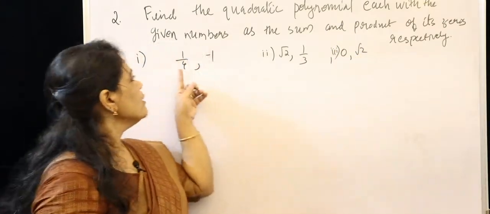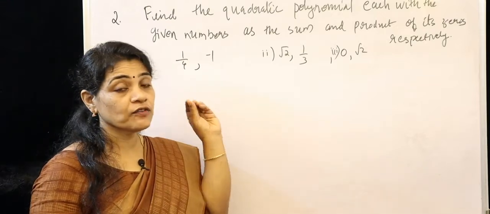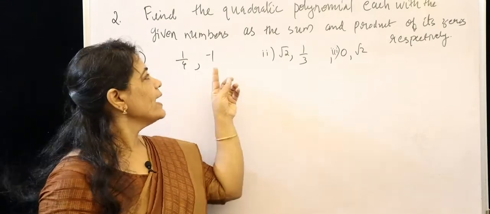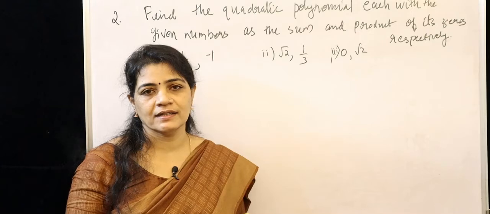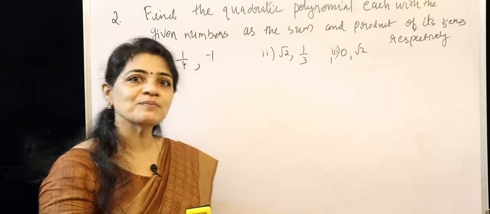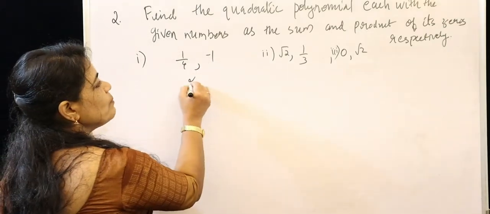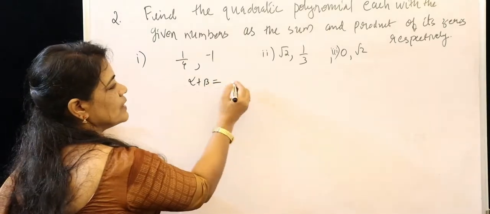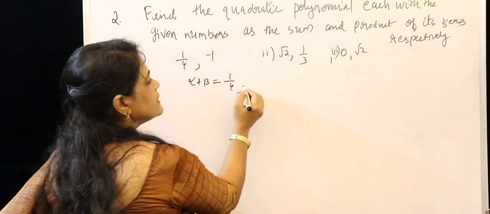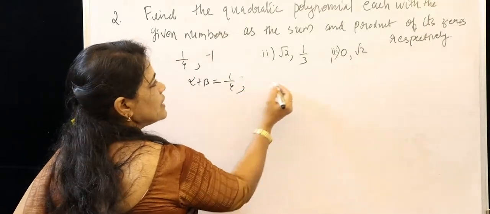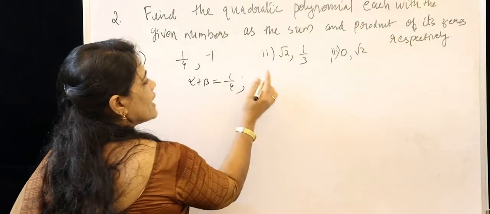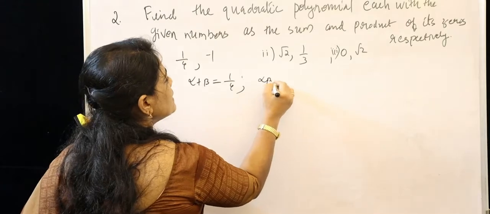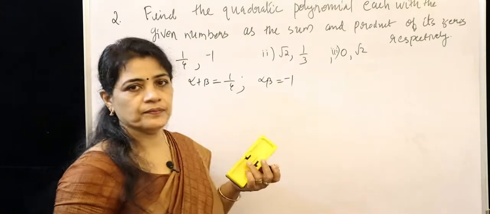That means 1 by 4 is the sum and minus 1 is the product. That is, alpha plus beta is the sum of the zeros, the first number, 1 by 4, and the product of zeros, alpha beta, is the second one, equal to minus 1.